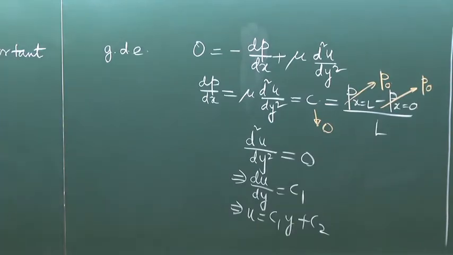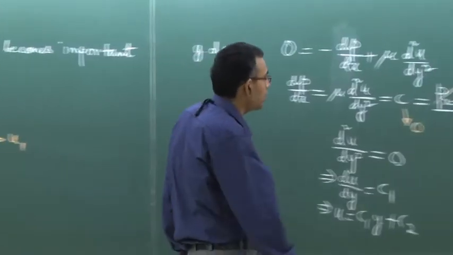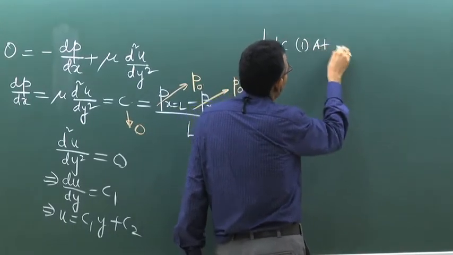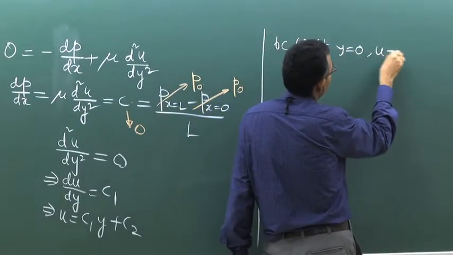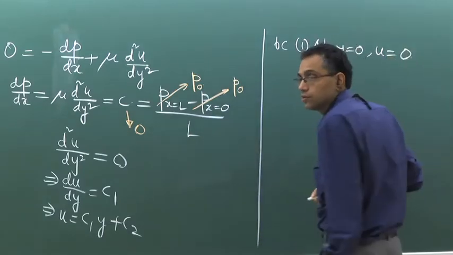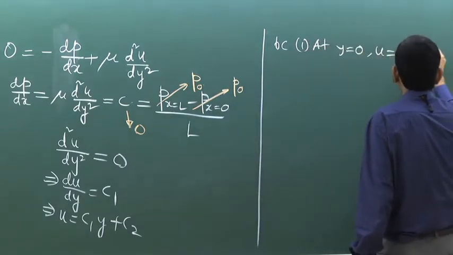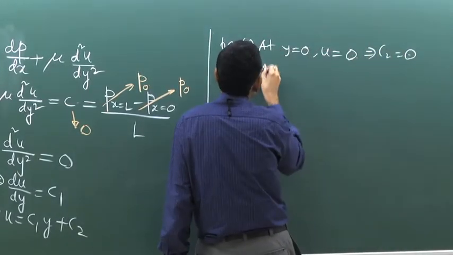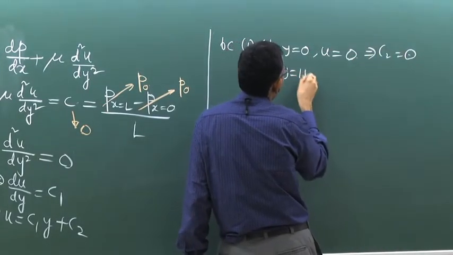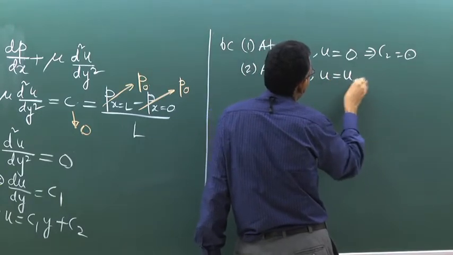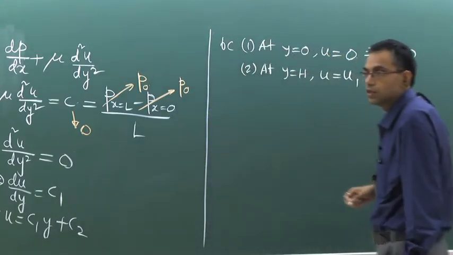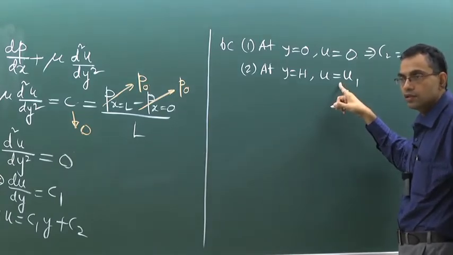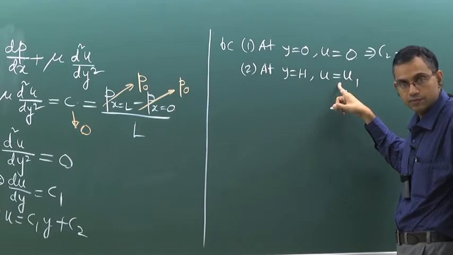So, u equal to C1y plus C2. So, you apply the boundary condition at y equal to 0, u equal to 0, that means C2 is equal to 0, and boundary condition 2 at y equal to h, u equal to u1. What boundary condition is this? This is no slip boundary condition, right.